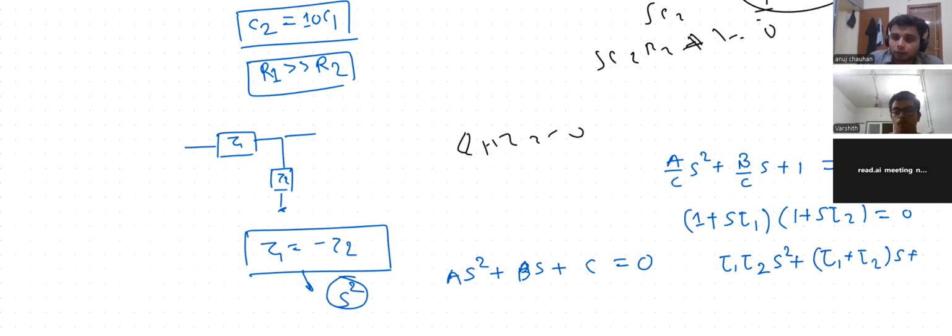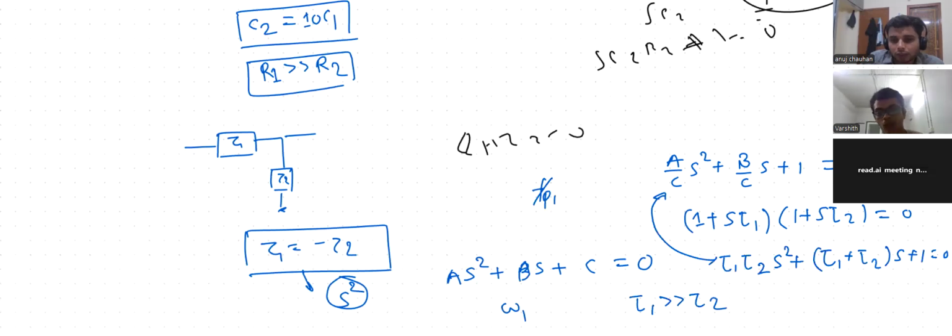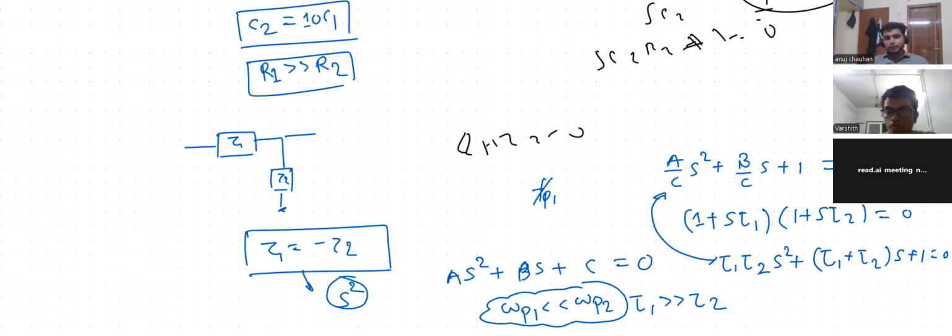Now compare both equations. One condition you can assume is tau 1 much greater than tau 2, which means omega p1 is much lesser than omega p2. In this way, I am considering that both poles are well separated. With this condition, we can get something.